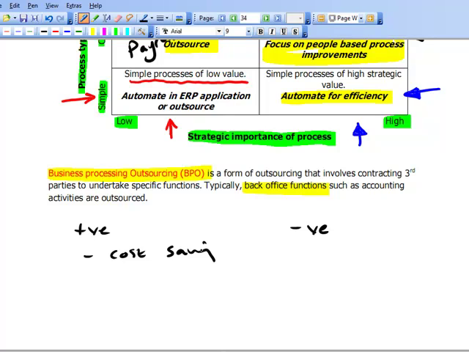A negative, it could be loss of internal skills. So, for example, if you're outsourcing things, you maybe no longer need the skills inside, so you could lose those skills. Other potential negative areas include possible loss of confidentiality and issues like that. Okay, that was business process redesign.